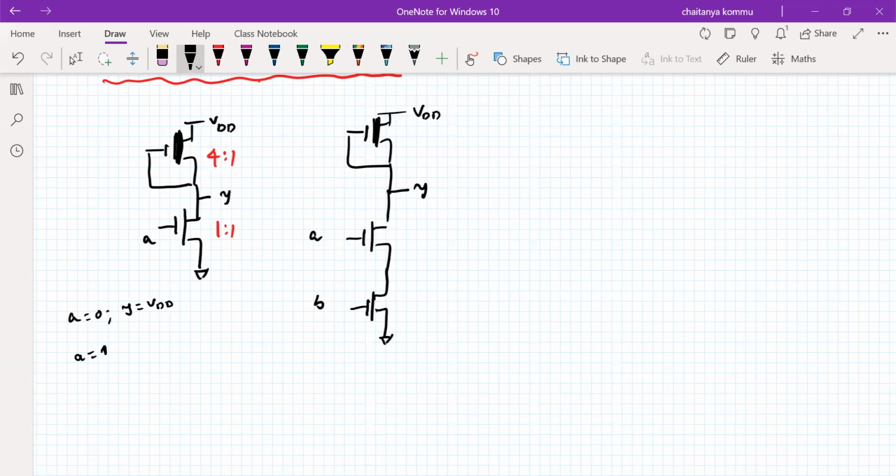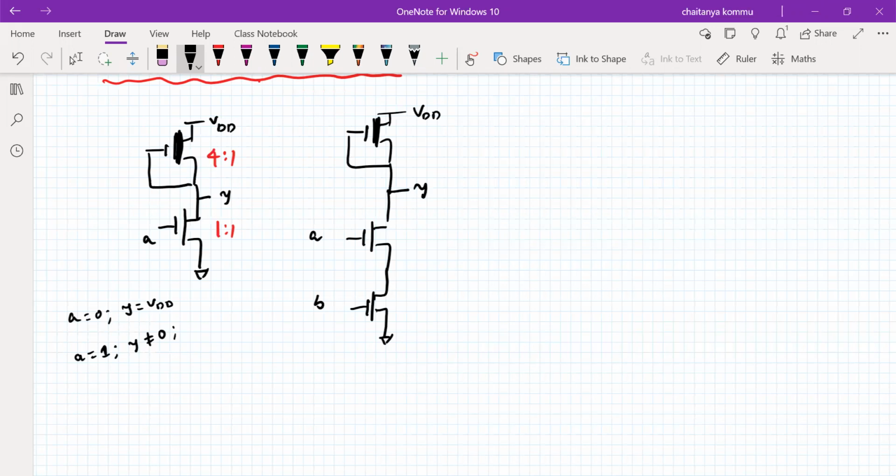If A is equal to 1, Y cannot directly be 0, the ground value cannot be reached directly. So to maintain Y at a proper value, we have to adjust the sizes of both transistors. Only then is it acceptable to connect it in your circuitry. That's the reason we maintain 4:1, so that the succeeding stages are effectively driven by this particular inverter.